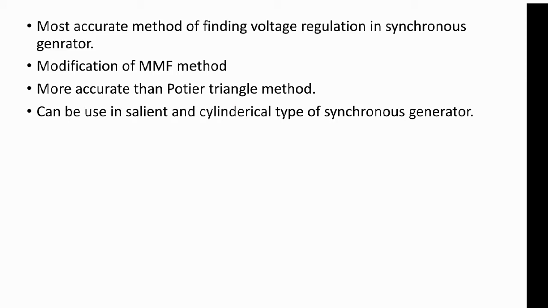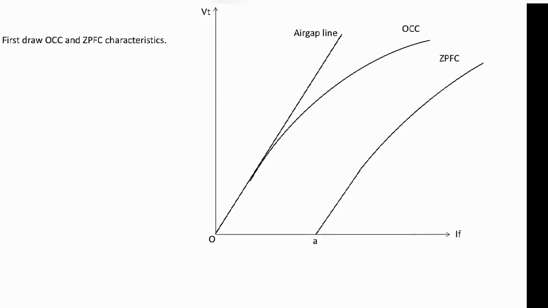So here is the first step of how we draw the ASA method. First we draw the OCC and air gap characteristics. We know how we get the OCC characteristics.